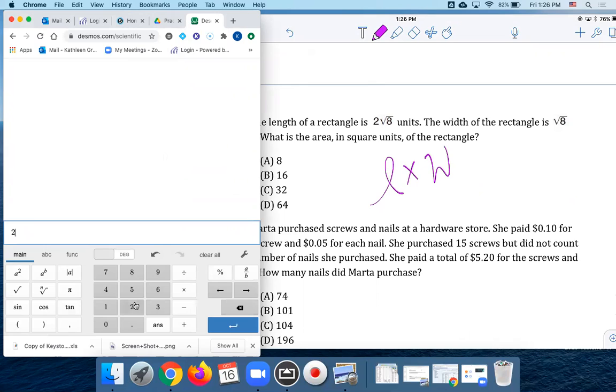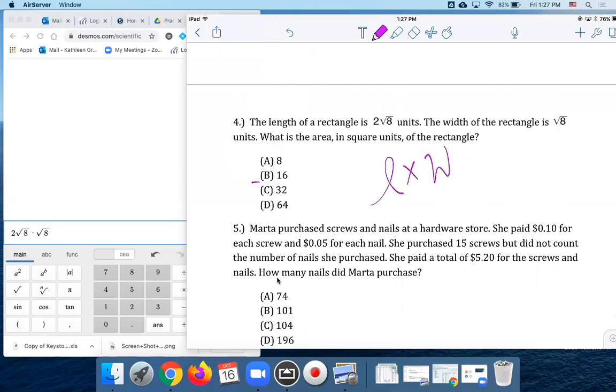We're going to take 2 square root of 8. We're going to get outside of that. See how my line here is outside the square root, times our square root of 8. So if we multiply the length times the width, that gives us 16. So that's going to be answer B.